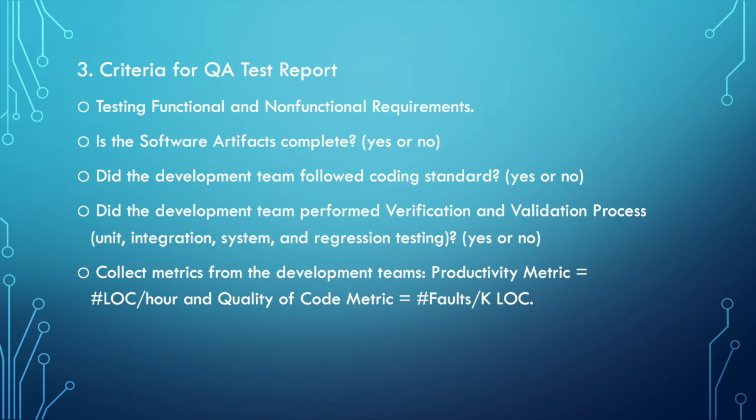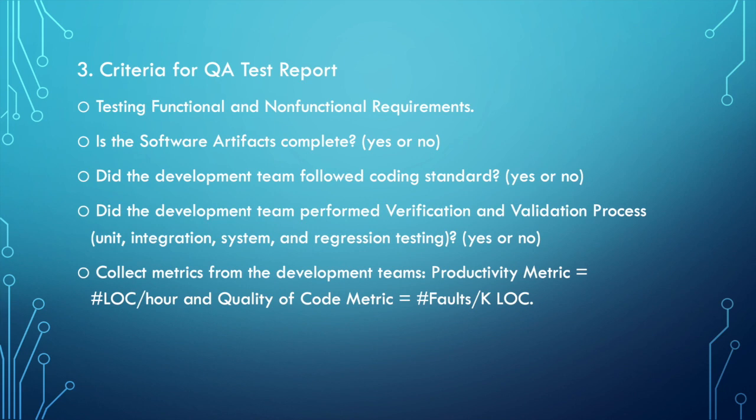So you must give evidence that you have done this. How? By giving samples of test cases you have used in the unit, integration, system, and regression testing. They will answer yes or no if you have evidence that you have done this.